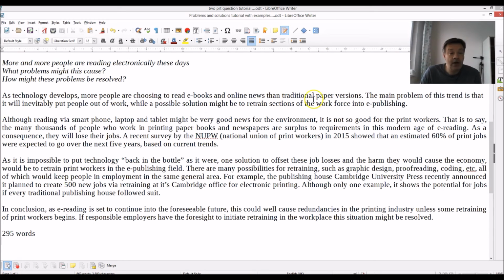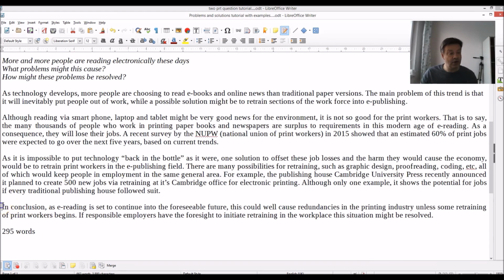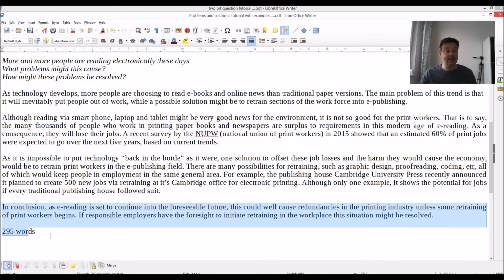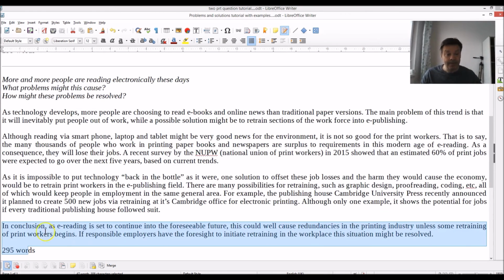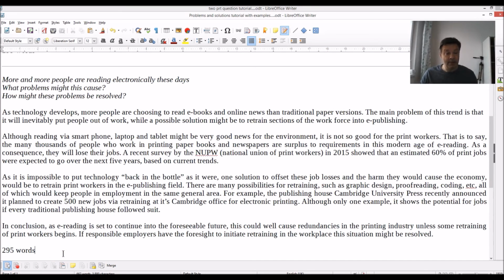You've got restatement of the question, then you've got the outline sentence, your main ideas, so your introduction's basically the same as your conclusion. Essentially, you're saying the same thing, but in paraphrase, of course, and then the cohesive part: put people out of work, that is to say, surplus to requirements or lose their jobs.